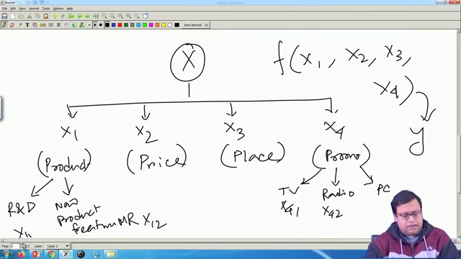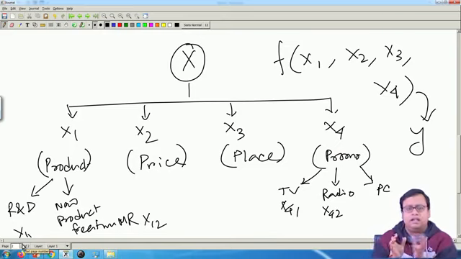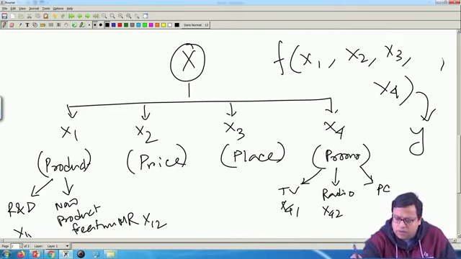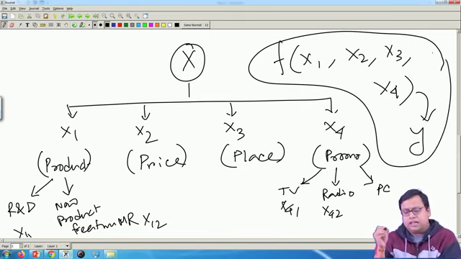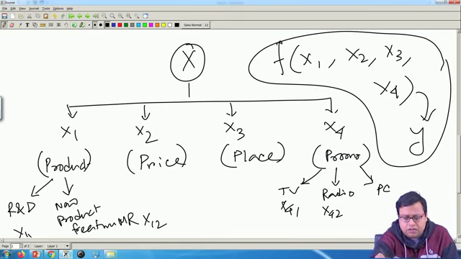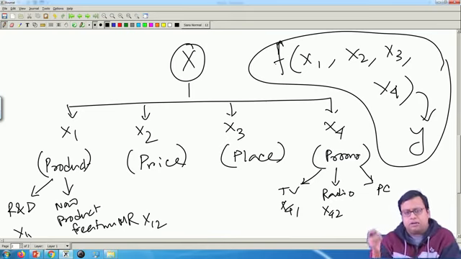Now, given this kind of problem, the optimization function ultimately will depend on one single thing: how this f, which is y as a function of x1, x2, x3, x4, is shaped, whether this functional form is concave, so that I can find an optimization formula. So, what is this f function is something I would try to focus on.